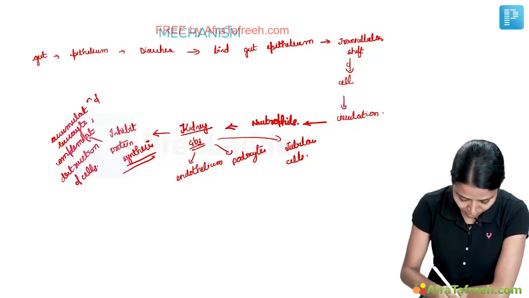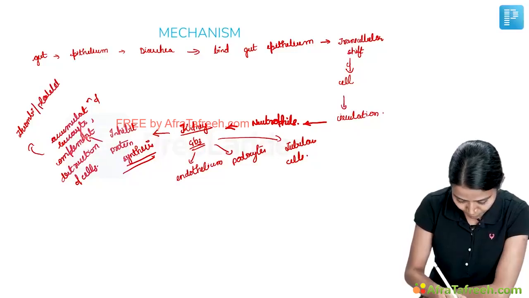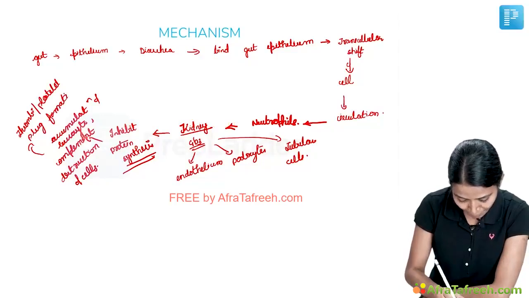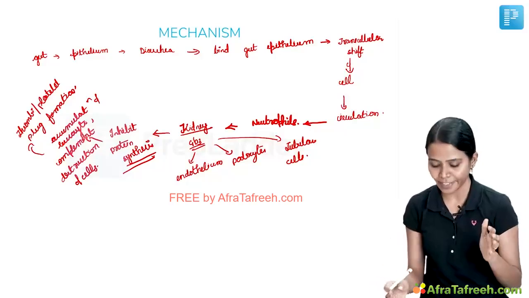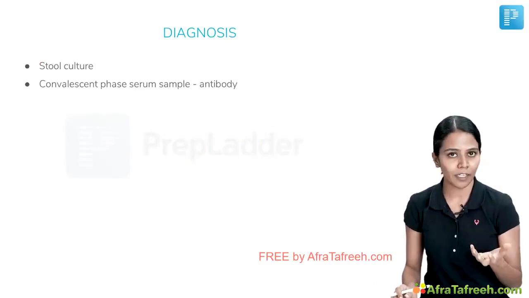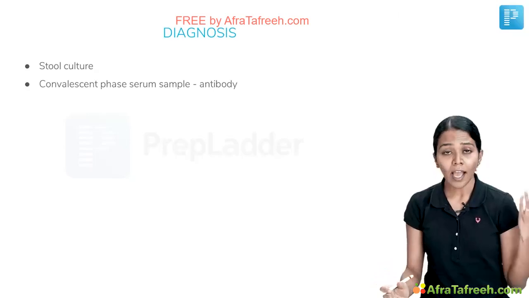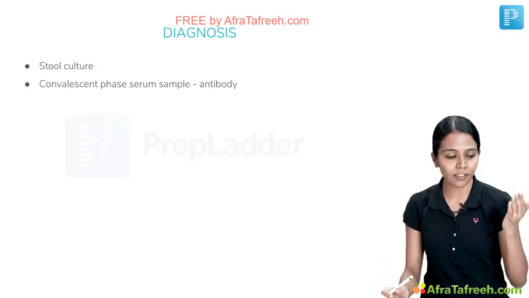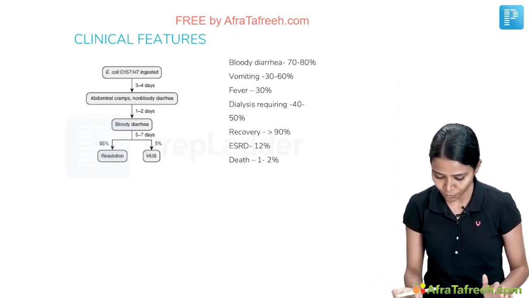Okay. So, all this is going to lead to thrombi or platelet plug formation. Okay. So, this is the mechanism by which this Shiga toxin is going to cause kidney damage. Okay. Now, for diagnosis, stool culture can be done to see this Shiga toxin producing E. coli or Shigella dysentery, and in the convalescent phase, the antibody can be tested in the serum to come to a conclusion or diagnosis. Okay.